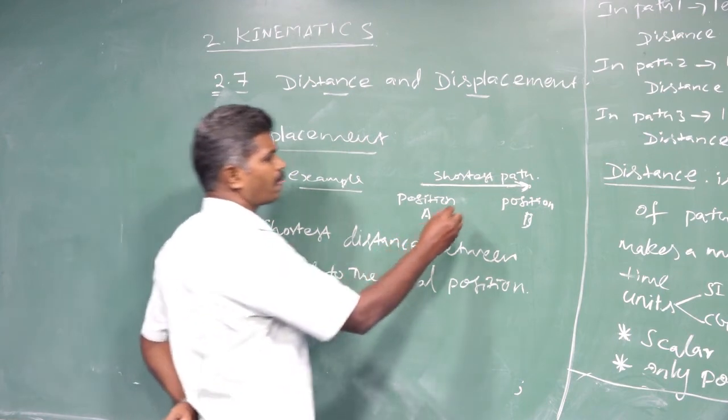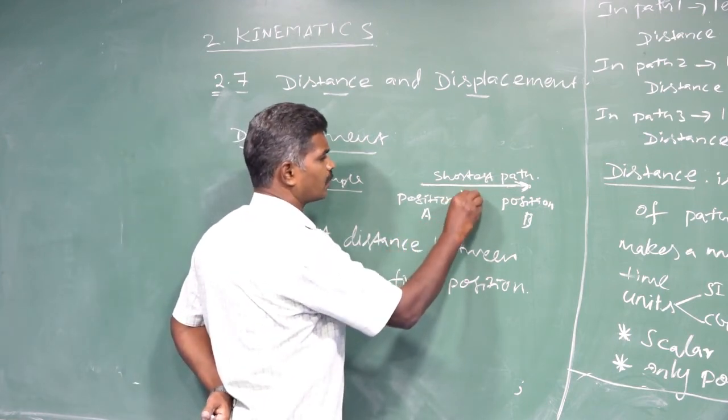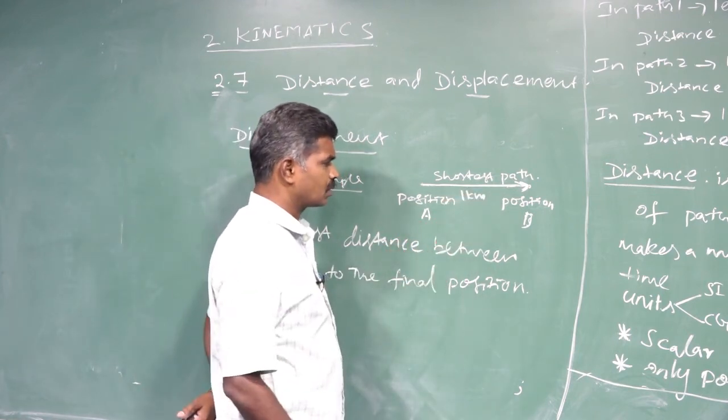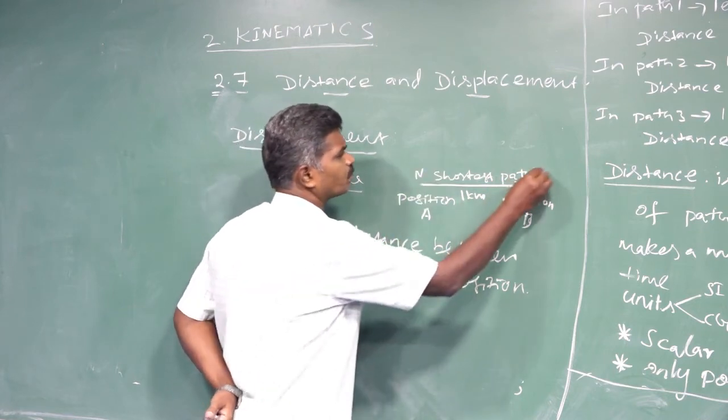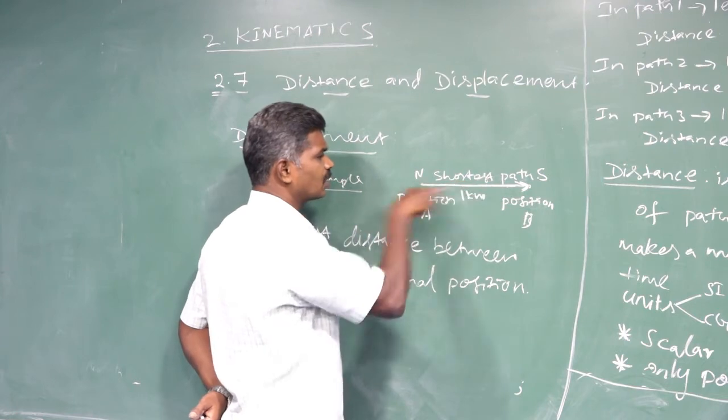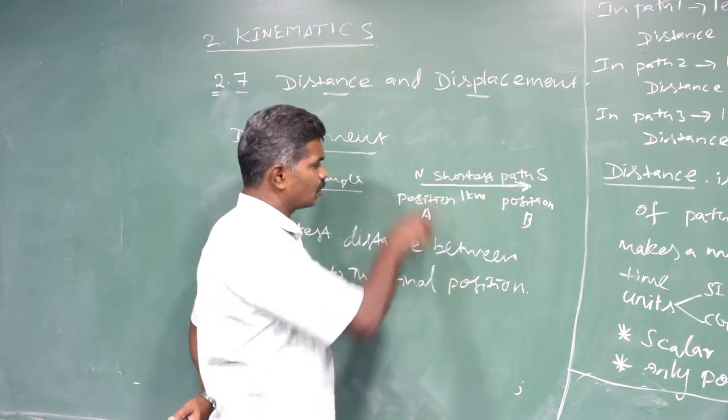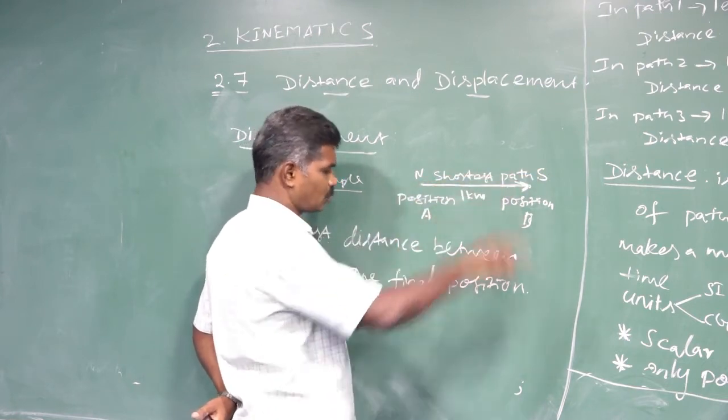Suppose it is a 1 kilometer length taken from north to south. North to south means we are saying direction also.